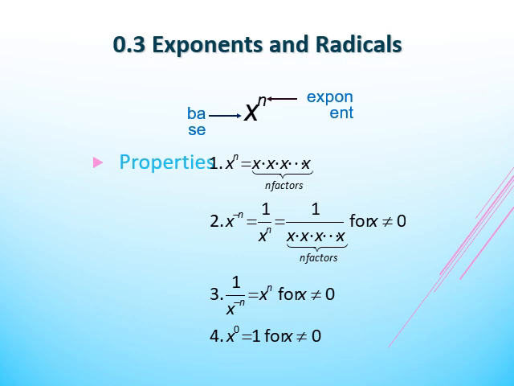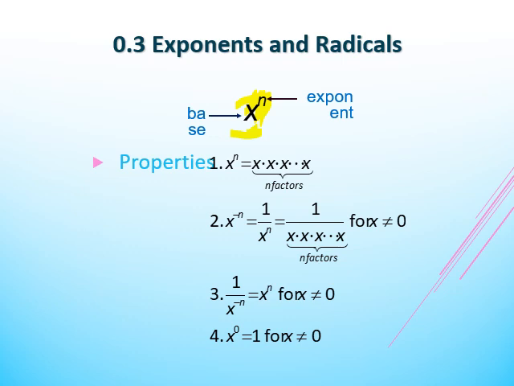First, in x to the power n, x is the base and n, the power, is called the exponent. The first property for the exponent is that x to the power n equals multiplying x by itself n times. So x times x times x, n times, equals x to the power n.